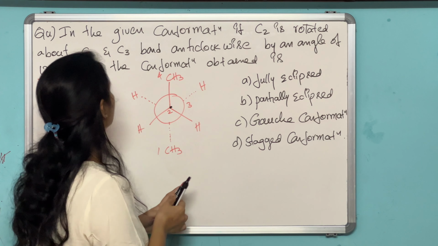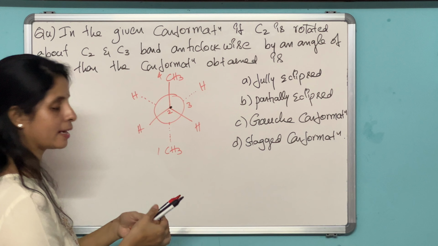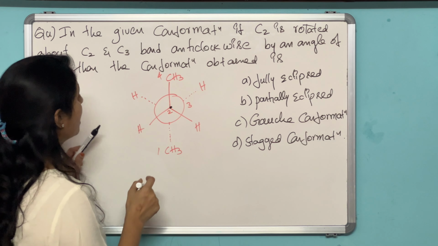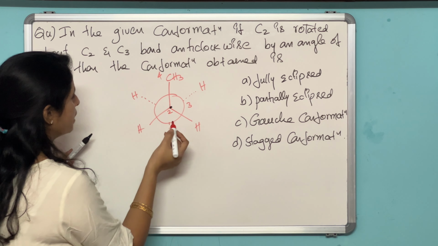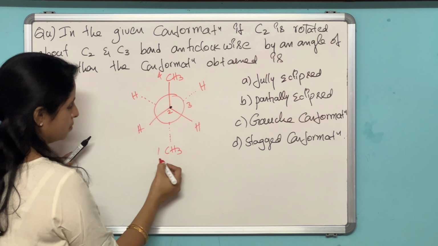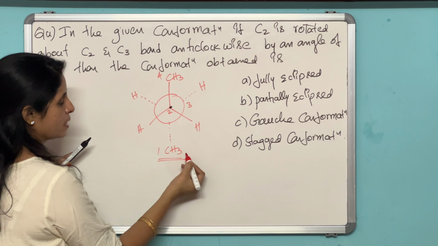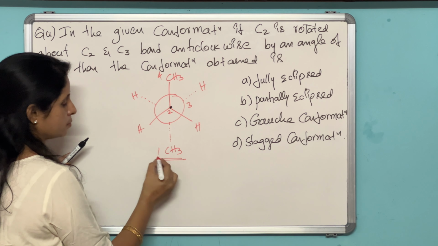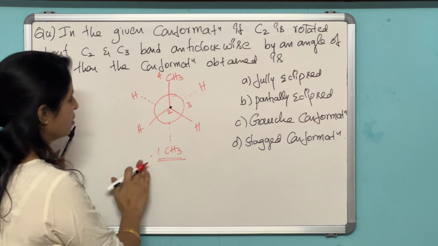Now he is asking you to rotate the back carbon by an angle of 120 degrees, anti-clockwise. Anti-clockwise means this side. Oh sorry, this is clockwise, no?